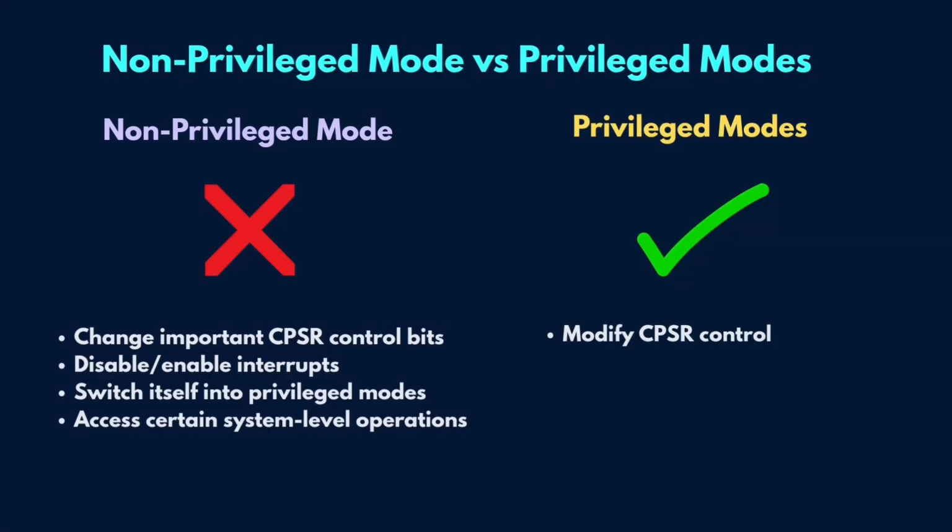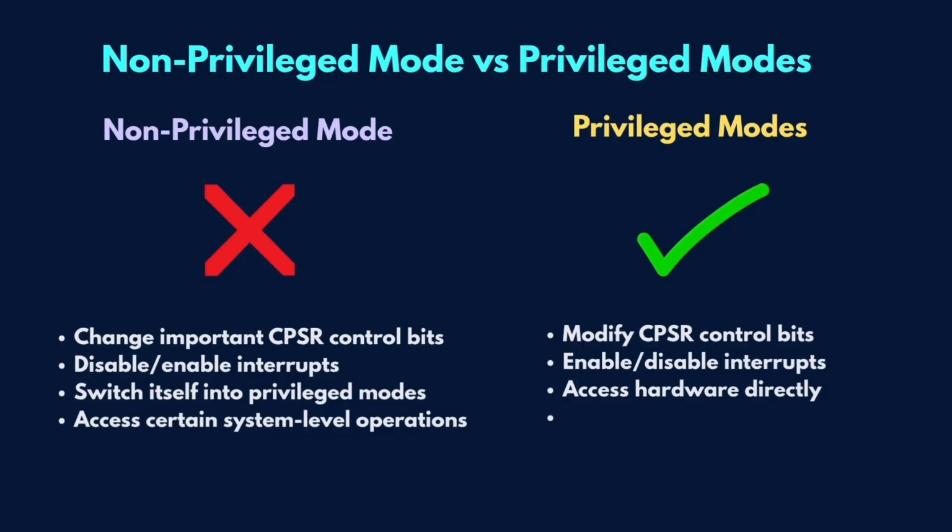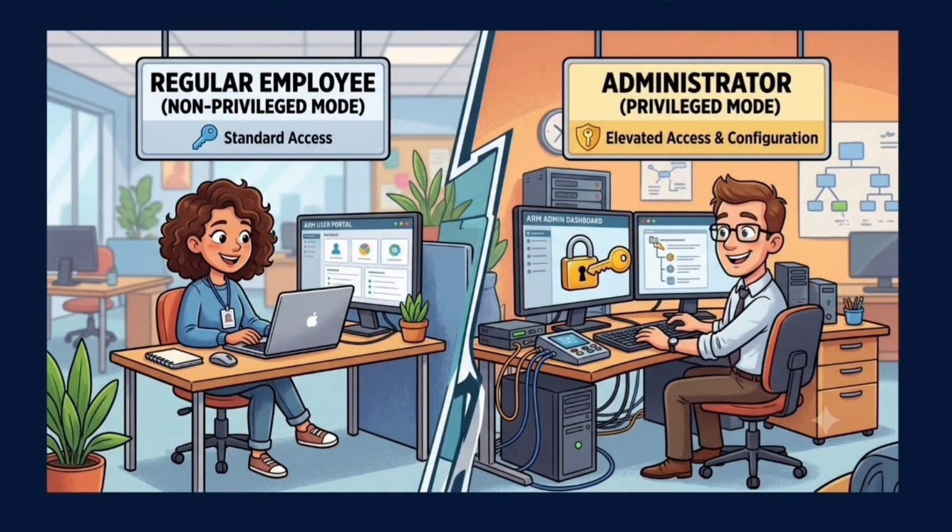They can modify CPSR control bits, enable or disable interrupts, access hardware directly, and change processor modes. User mode acts as a regular employee who can do normal tasks but cannot change company settings. But privileged mode acts as an administrator who can easily modify system configuration.